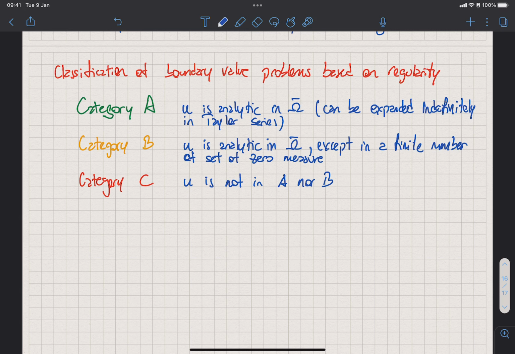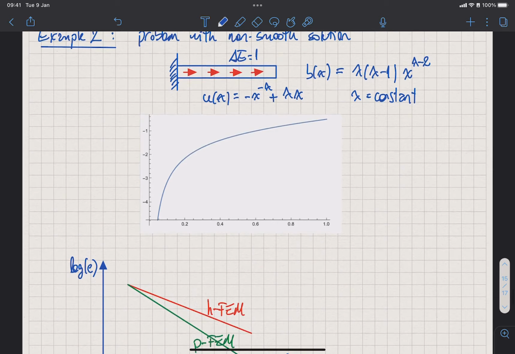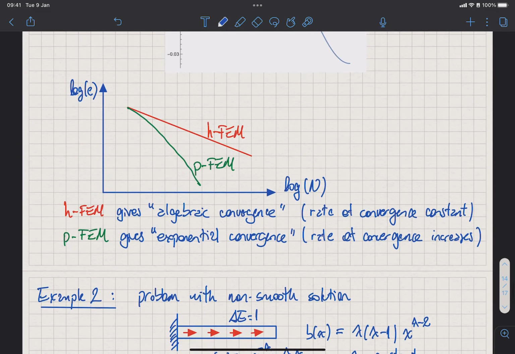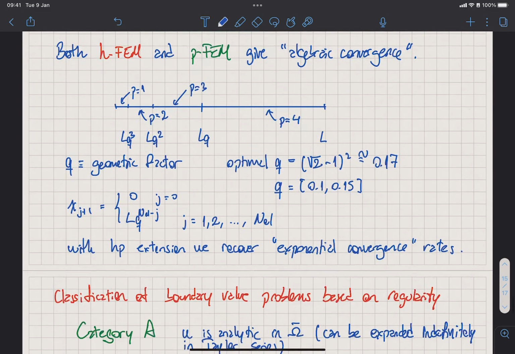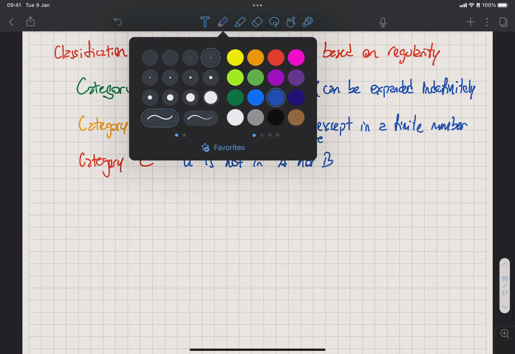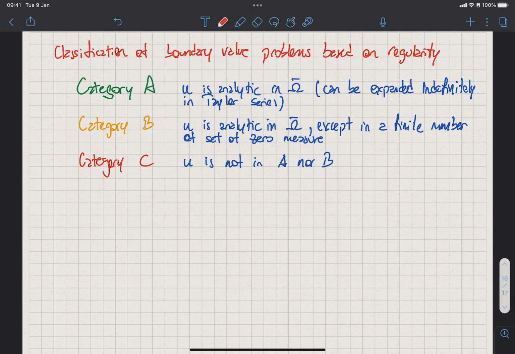Of course, qualitatively we already know how these methods behave. Now let's see it in formulas, because that is what the convergence rates are obtained from. How do we express mathematically these curves that I described here? That takes us to what are called a priori error estimates.